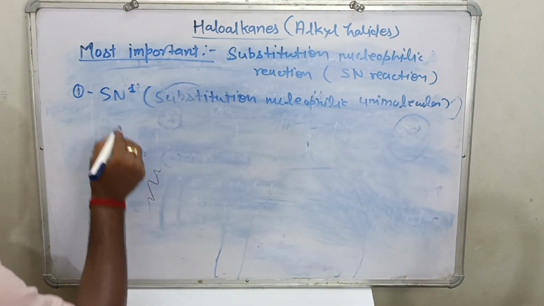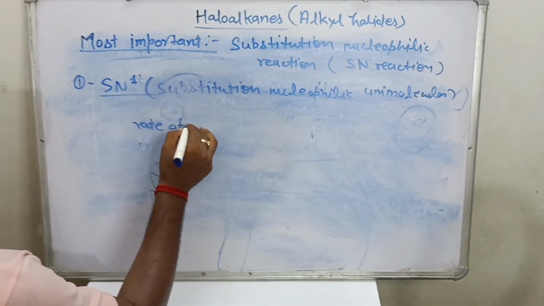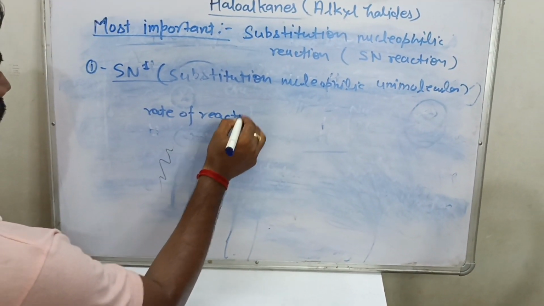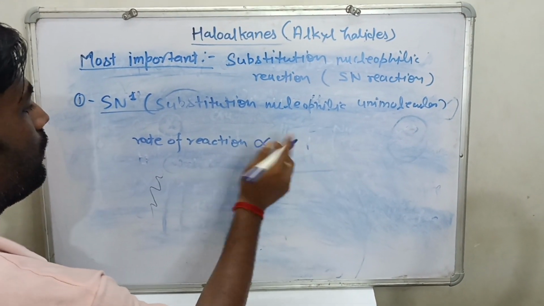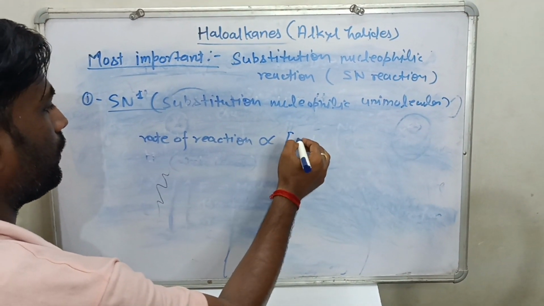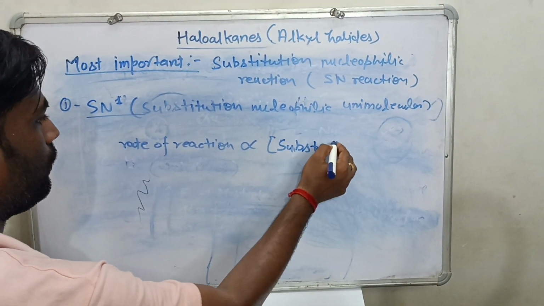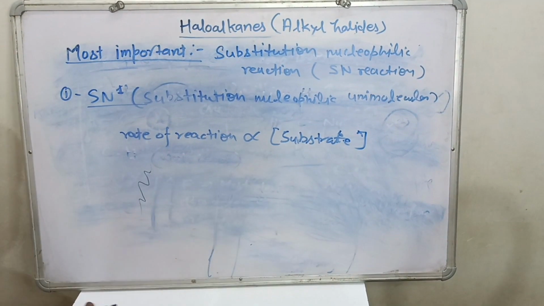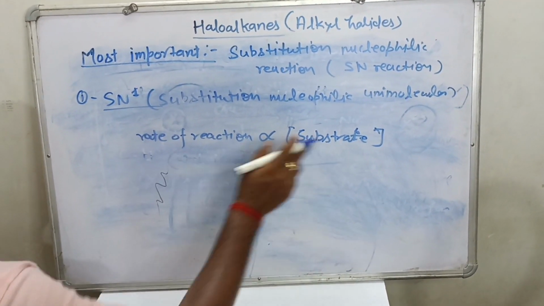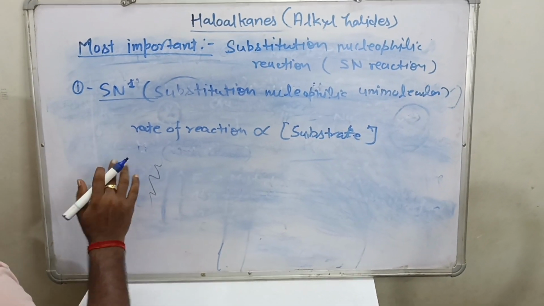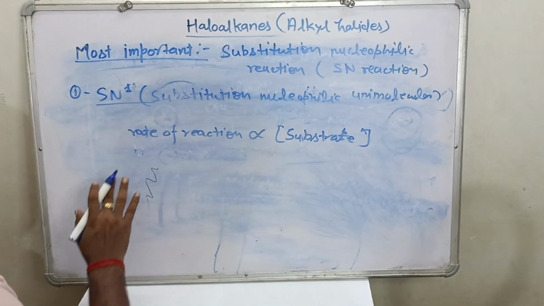Unimolecular means that the rate of reaction is directly proportional to only one thing, either substrate or nucleophile. In the SN1 reaction, the rate of reaction depends only on the substrate, that is, the haloalkane.